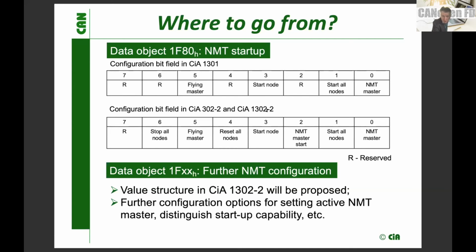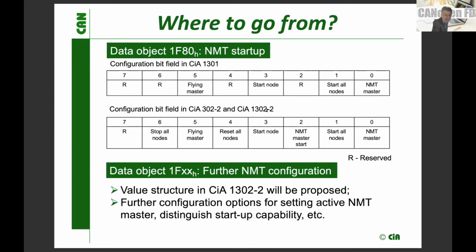parameter. It is introduced also for servers as well, but you see many of the bits of this parameter 1F80 are reserved for other purposes. They are actually unreserved in case of NMT manager, and it is designed in a different specification where you could use the full extent of manager capabilities, but it seems the capabilities are not sufficient.